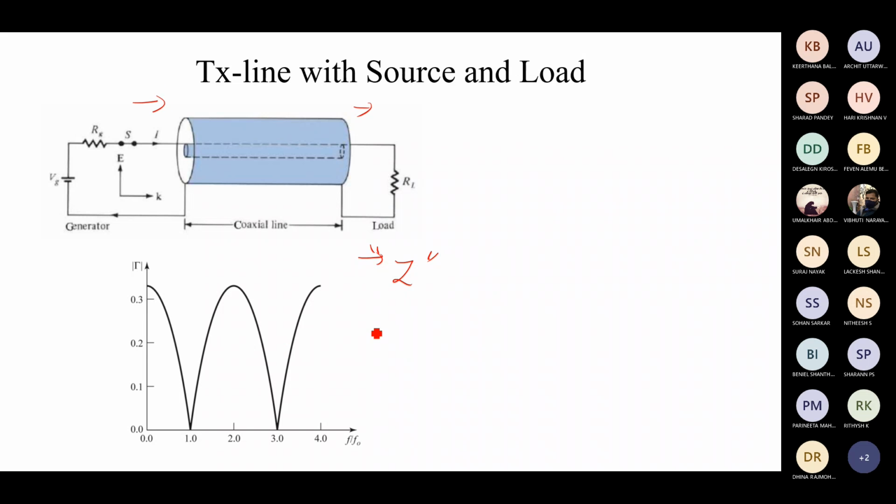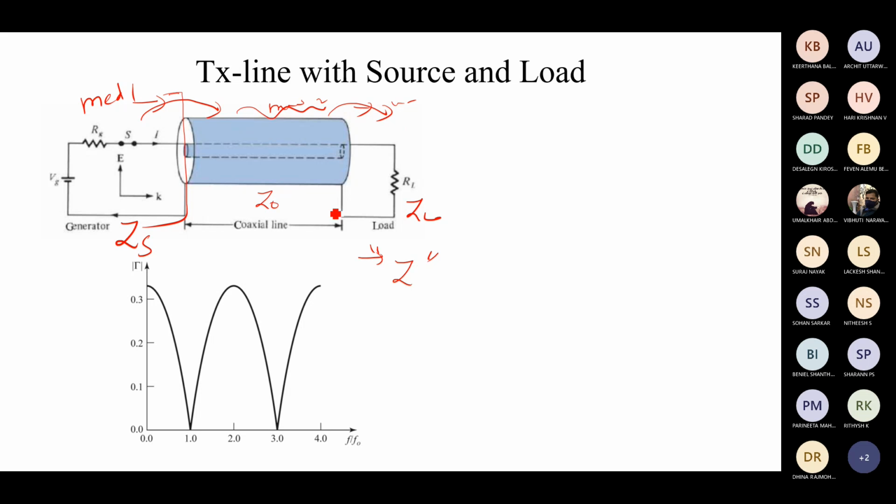We already discussed that, assuming this is medium 1, this is medium 2 and this is medium 3, and this medium has the impedance ZS, the source impedance, and this has the load impedance, and this has the characteristic impedance. So these three impedances are supposed to be linked. Then only will we get the maximum power transfer from the source to the transmission line, and it will propagate and travel from here to here.